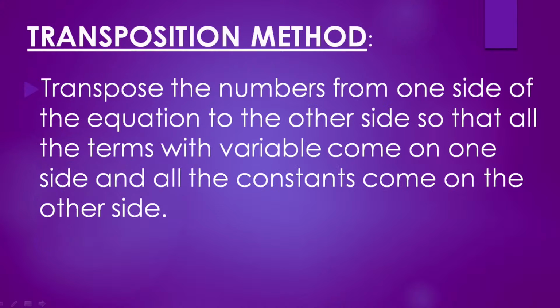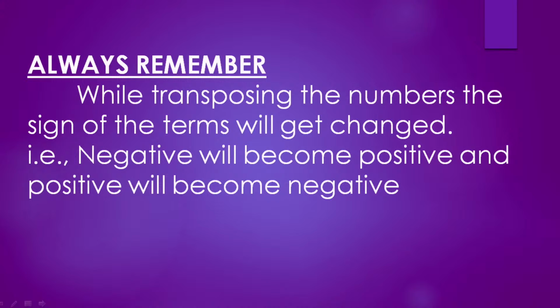Okay. Now we have here the transposition method, children. Transpose the numbers from one side of the equation to the other side so that all the terms with variables come on one side and all the constants come on the other side. This helps us to solve the equation very fast. You must remember that while transposing the numbers, the sign of the terms will get changed.